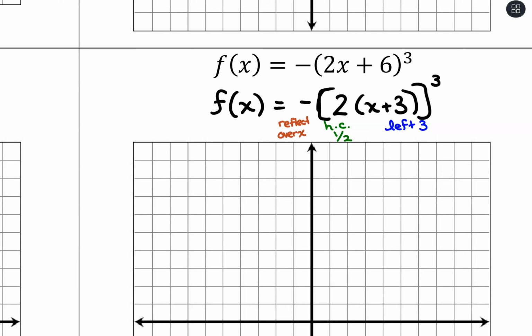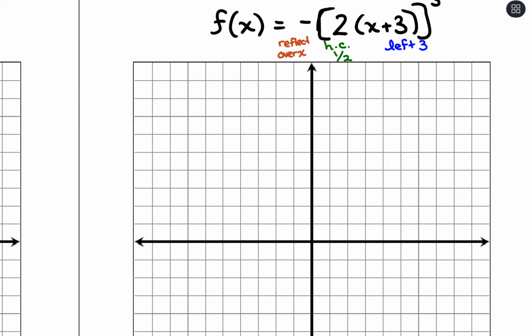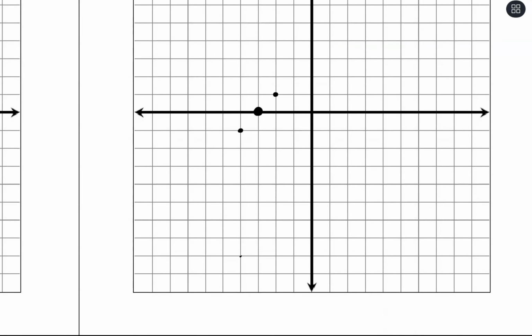With that, where we're usually at the origin, we're going to go to the left 3 spots. And then I'm going to draw what the parent function would look like with that shift. So 4, 8, 4, 8.